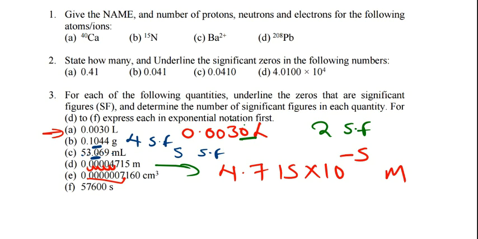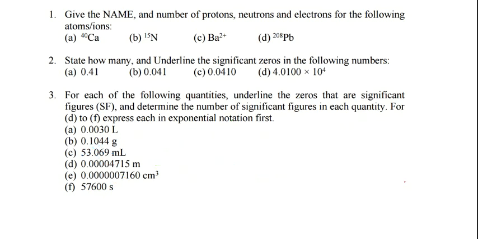Do the same for the last one. Move the decimal point from the end to that point, and then tell us the number of significant figures and underline the zeros that are significant. Solutions are already provided in the PDF, so you just want to compare on our site. The link to that is in the description below.